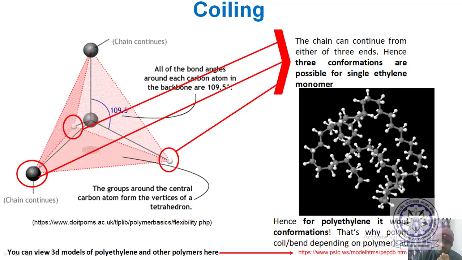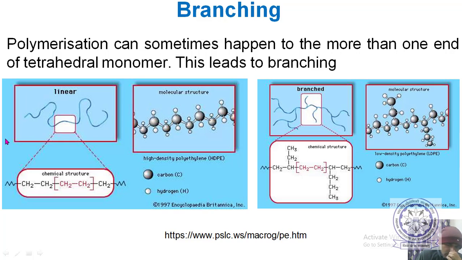That's why the polymer chains coil or bend depending on the polymerization process. You can see the three-dimensional model of polyethylene at this website. Please go through that yourself.